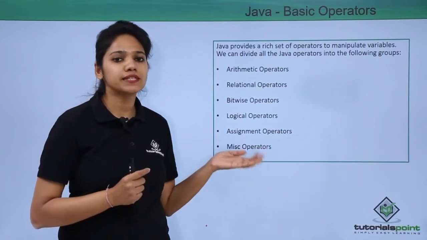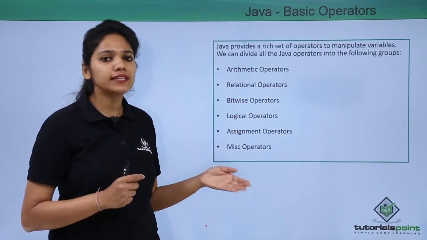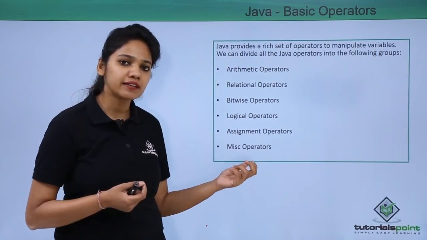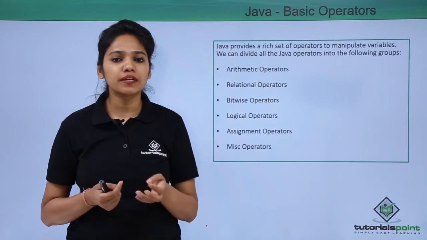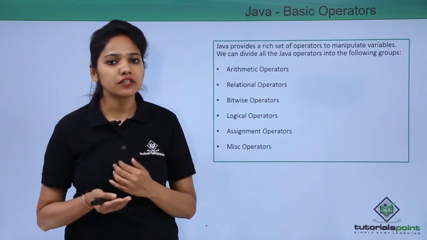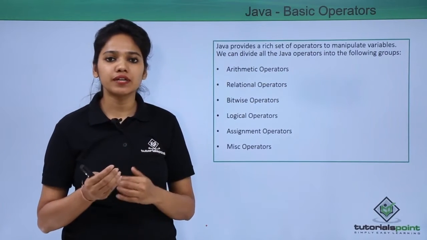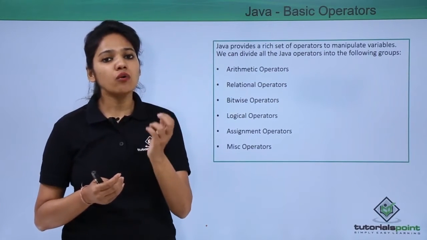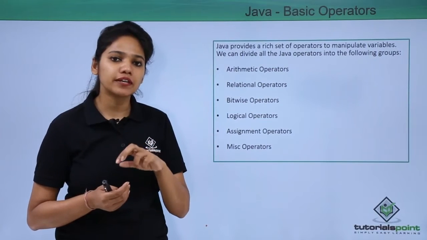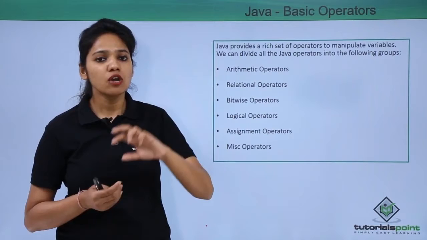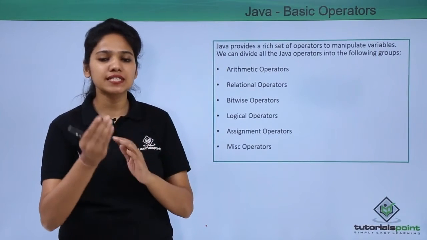The last one is your miscellaneous operator. Leaving all these, the other operators provided by Java are miscellaneous. This may be your conditional operators, the ternary operators, or the precedence of these operators that you need to understand. When you say precedence, how will your expression be calculated? Will multiplication be given higher precedence than minus? Which bracket will be given precedence over the other?